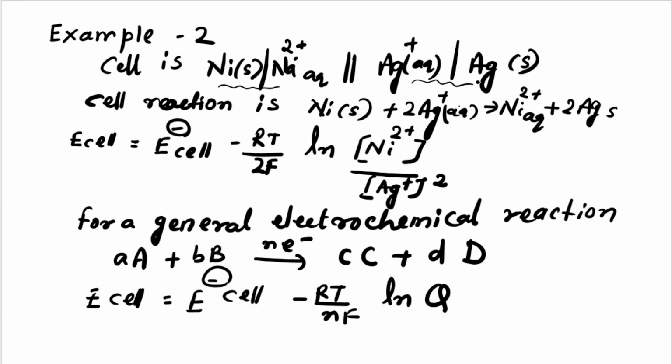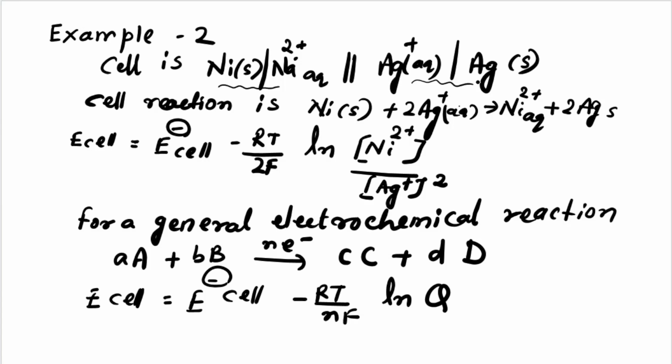Then the general equation: minus RT by nF, where n is the number of electrons, 2. So ln of Ni+2 molar concentration divided by Ag+1 whole squared. What does this indicate? That nickel is the cathode and silver is the anode.